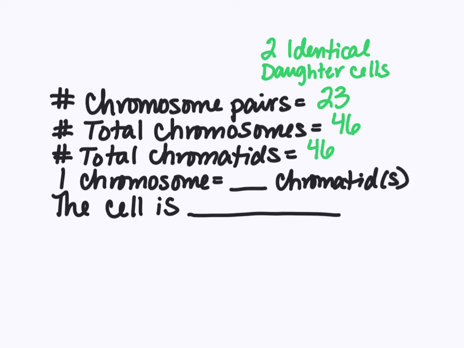And that's because each chromosome is now made up of only one chromatid. Now, we still have paired chromosomes present, which means that we have homologous chromosomes, which means that the daughter cells are diploid. So these cells are diploid.